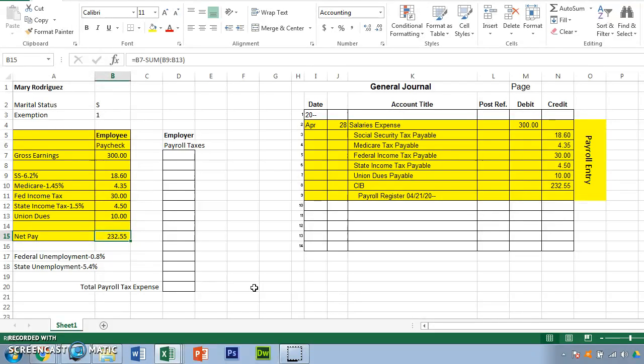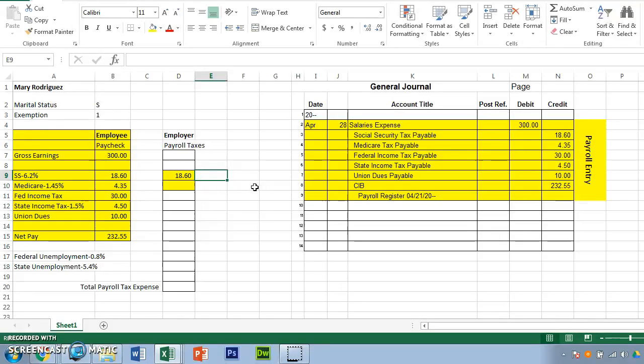In addition to paying Mary, the employer has 4 payroll taxes. The employer has to match the Social Security, match the Medicare tax. So if Mary had $18.60 taken out of her paycheck for Social Security, the employer has to match that and take out $18.60 as well.